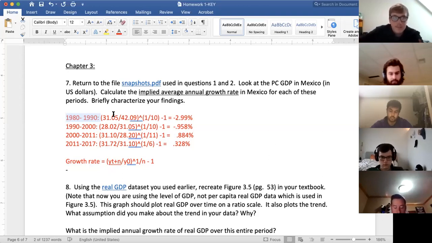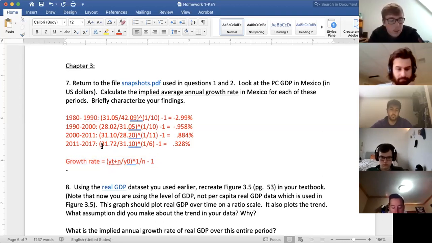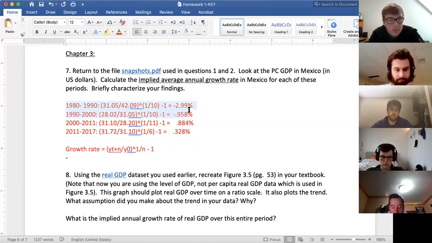Just taking the difference between the two and dividing by 10 is not including compounding, the fact that growth leads to growth. So you need to calculate a compounded annual growth rate, not just an average. That's what we call the implied average annual growth rate, and you have to use this formula to do that. I've given you the answer here. I think I copied and pasted this into most of your homeworks.